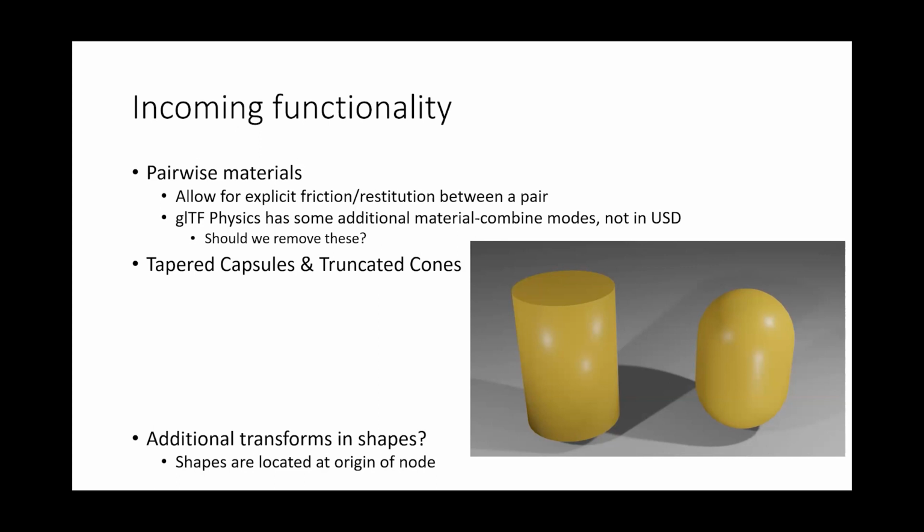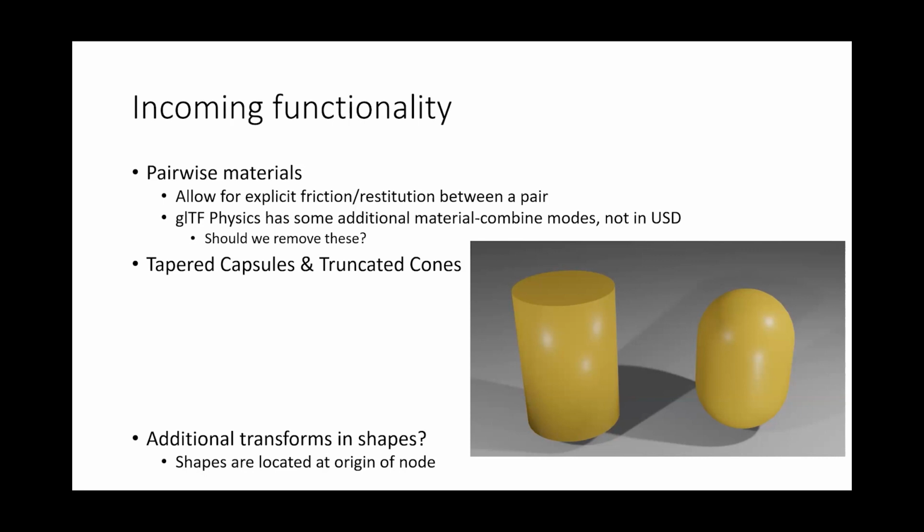And then another thing I've been asked for in meetings and discussions around the glTF physics spec is whether we should add an additional transform onto the geometric primitive. So right now, if you specify a sphere, it just has a radius, for example, and that sphere is associated with the node, and the sphere is at the origin of that node.